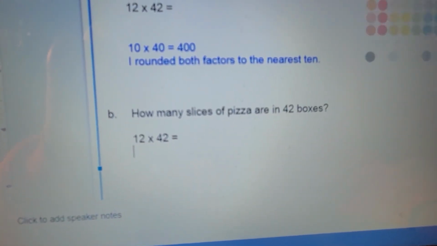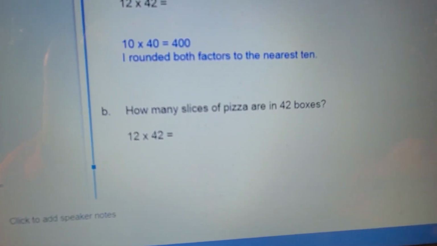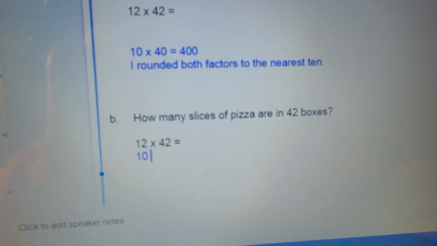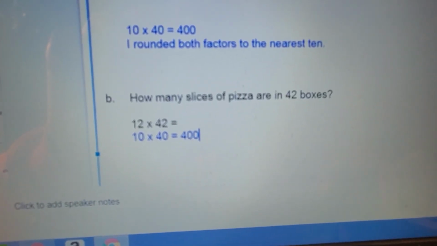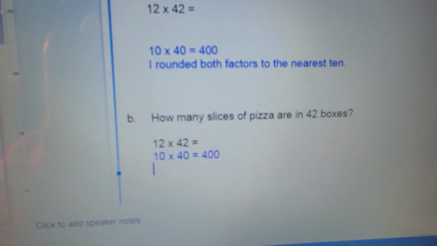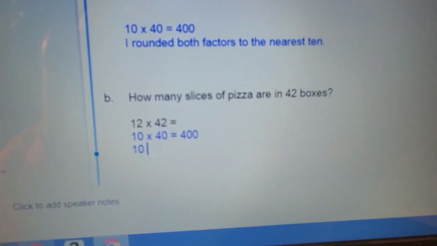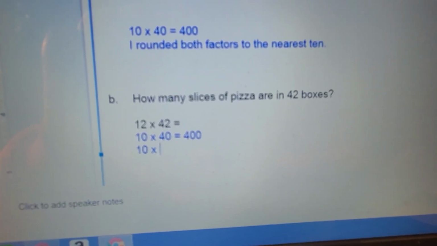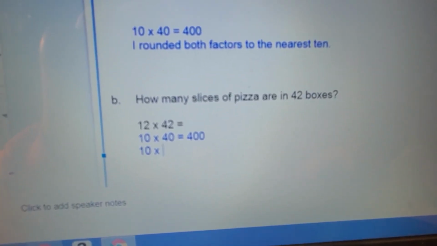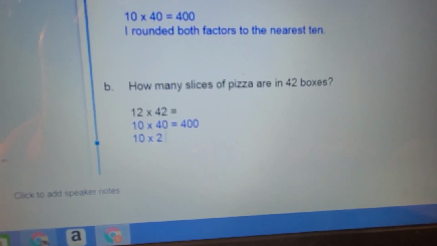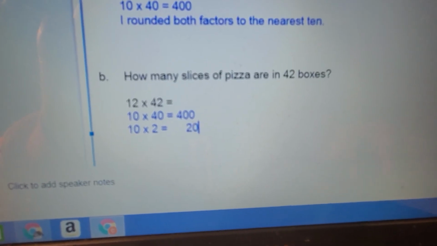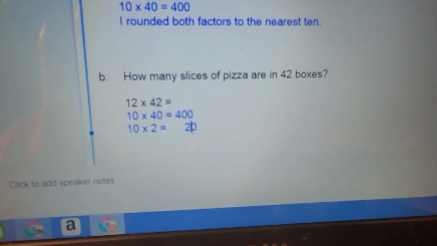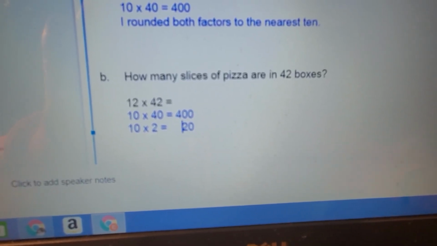So I'm going to use blue. So I would do 10 times 40 is equal to 400. And then I do 10 times 2, which is equal to 20. Okay.